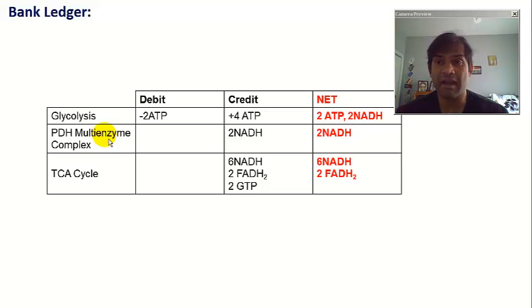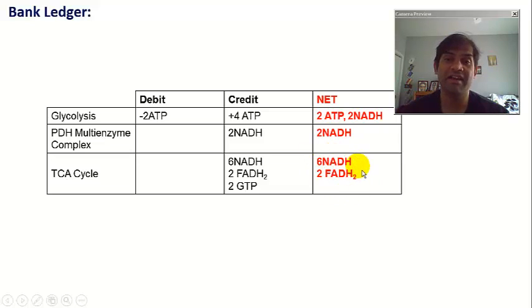It's a super enzyme, consists of E1, E2, and E3, and has about 5 essential cofactors that catalyze that reaction. One of the products of the PDH multi-enzyme complex is also 2 molecules of these reducing equivalents in the form of NADH.